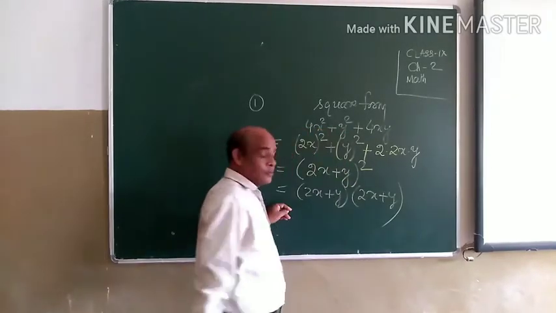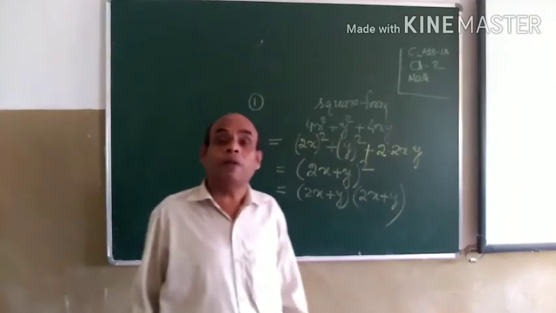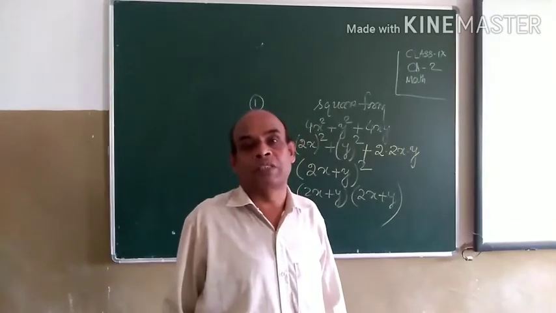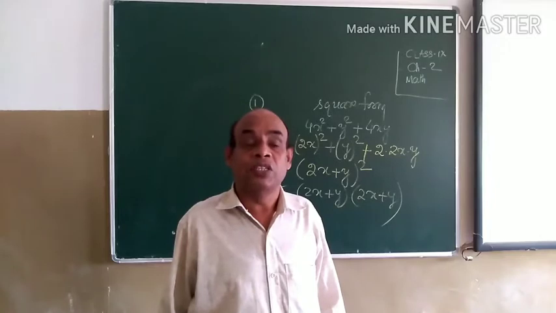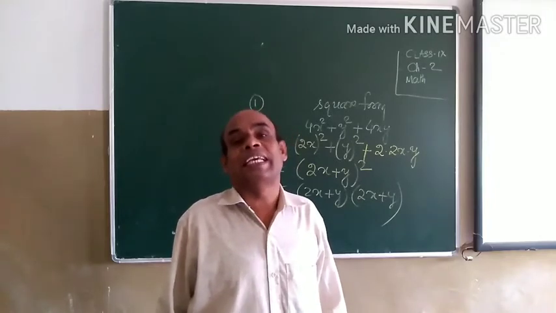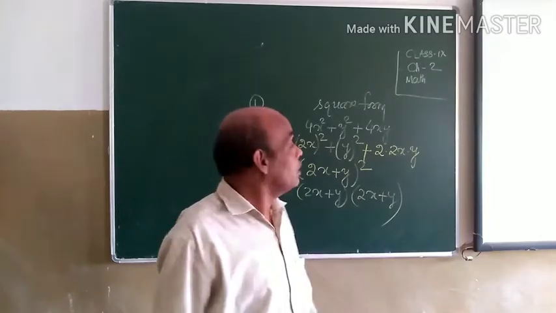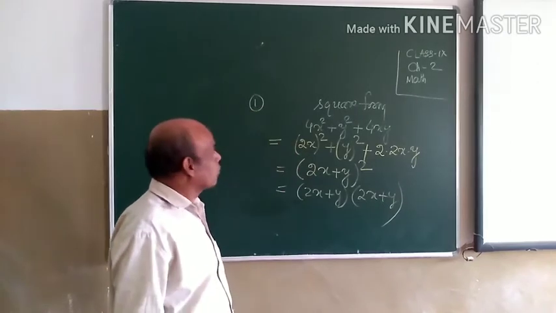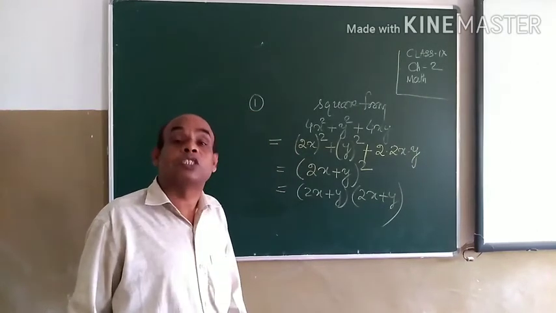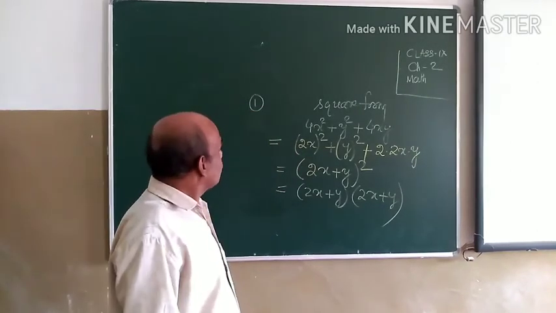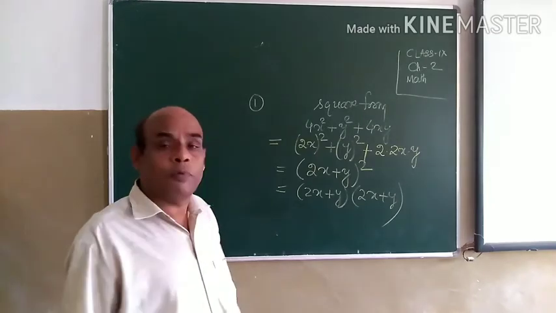So this is one type of factorization question, because you will face many questions in different forms. This one is in complete square form. Now observe another form of question.